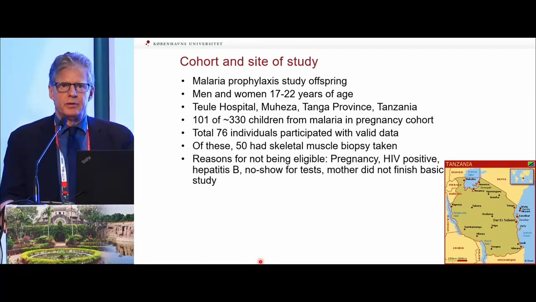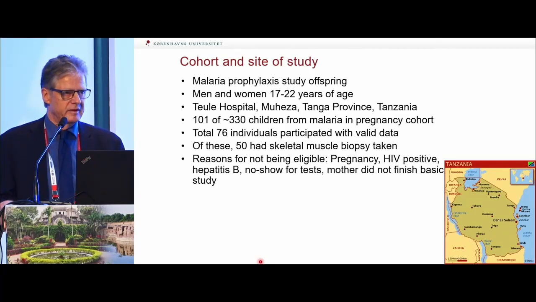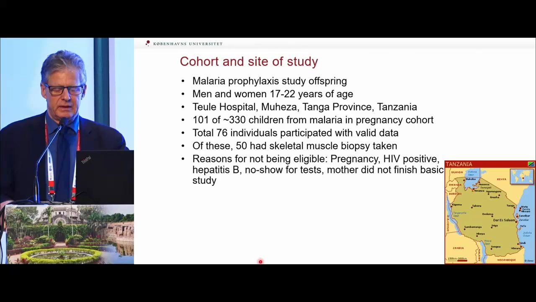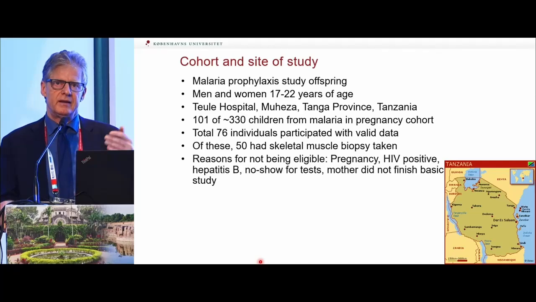So we set out to do a study to expand on this and do more sophisticated measurements, and we went to the northeastern part of Tanzania on the coast, in the region of Tanga, and the study was carried out south of Tanga in a district hospital. We had data from an old study done 20 years before on malaria prophylaxis.